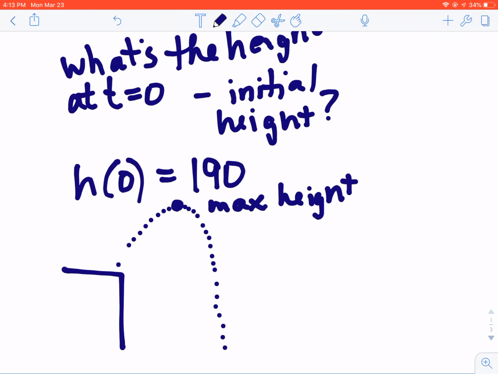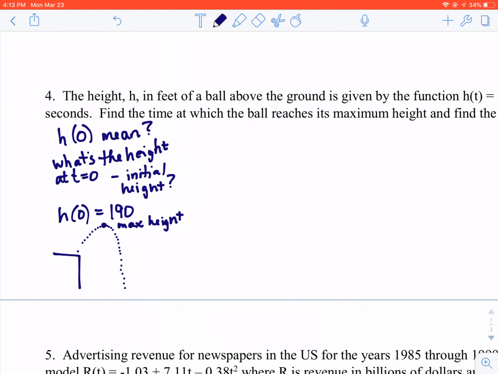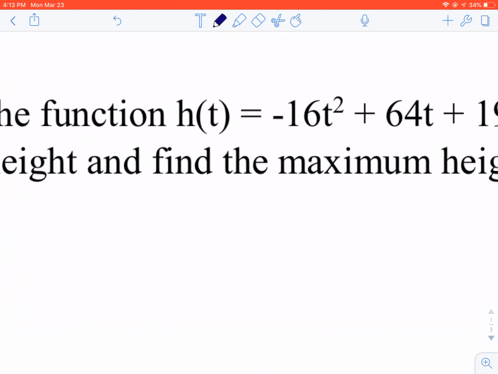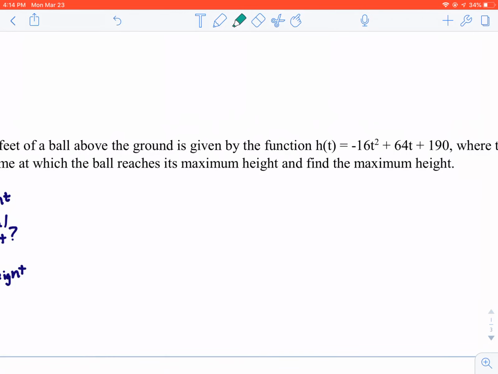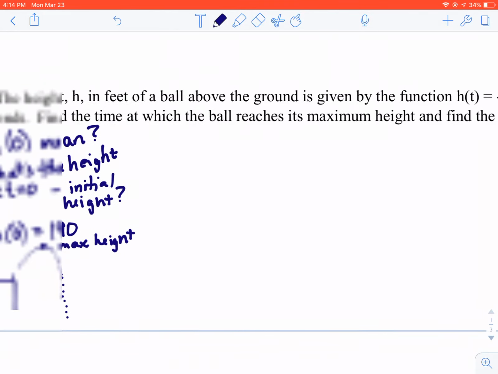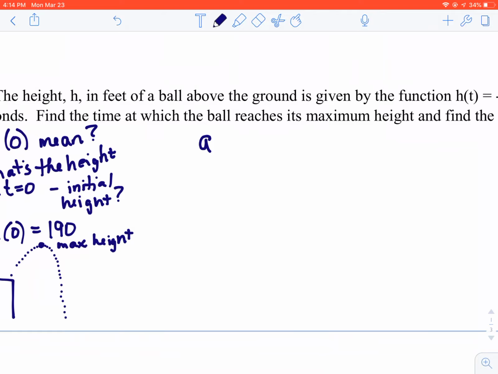Okay, so again, we're doing maximums. That's all about finding the axis of symmetry. And notice with this one, my a value is still negative. That's how I knew it was an upside down parabola. So we're going to do it the same way we did all the other maximum problems. I'm going to find my axis of symmetry, where t is equal to negative b over 2a.